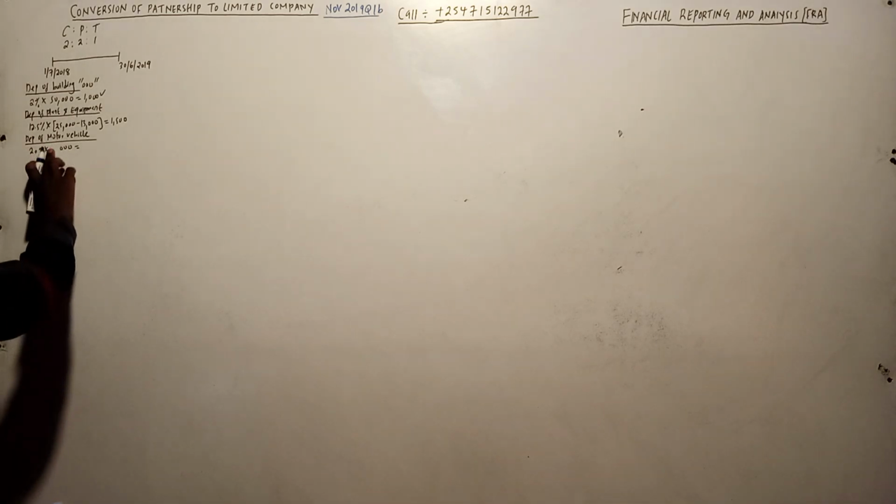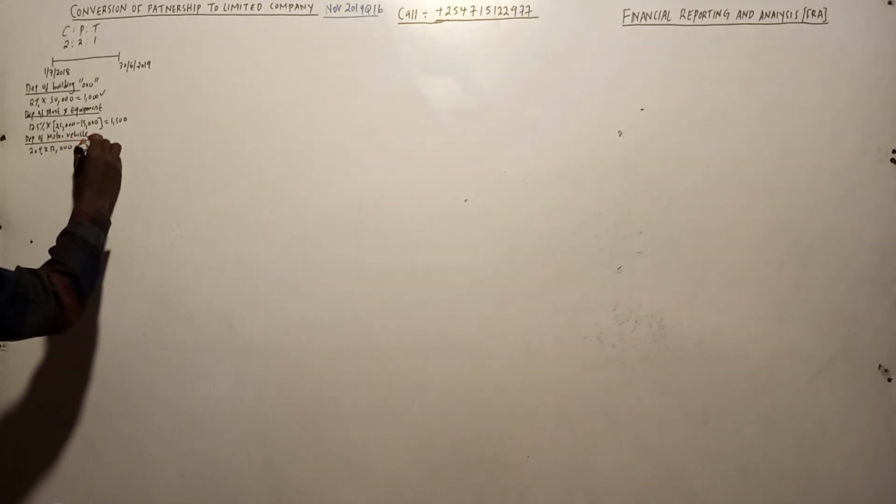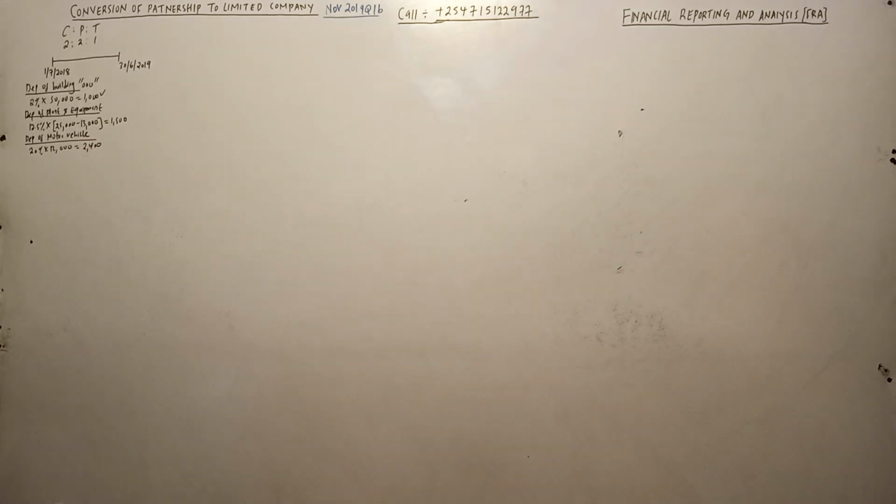Let us go check for another additional information, we see if there is anything. Motor vehicle. Where is that motor vehicle? It is supposed to be 12,000, not 25. It's supposed to be 12,000. That will become 2,400.